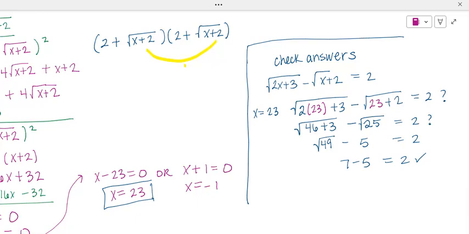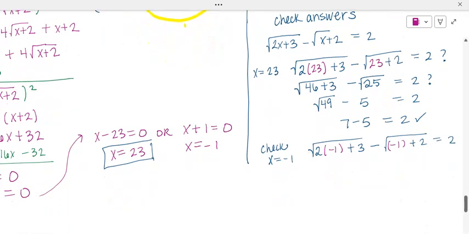All right, let's check x equals negative 1. Let's see.